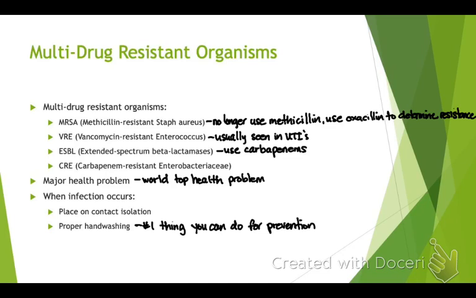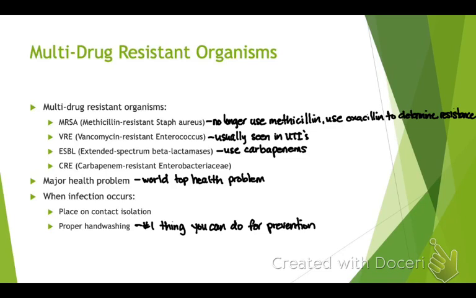People who carry ESBL producing bacteria without any signs or symptoms of an infection are said to be colonized. The most common ESBL producing bacteria are some strains of your E. coli and your Klebsiella pneumoniae.